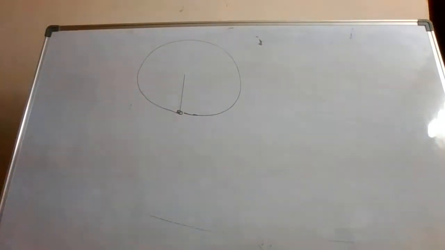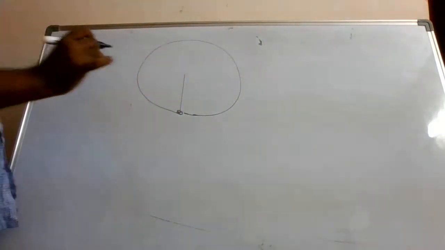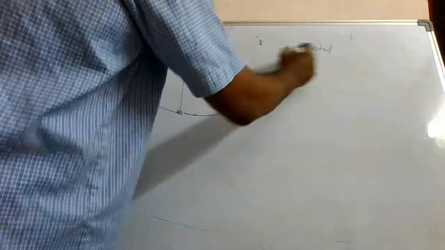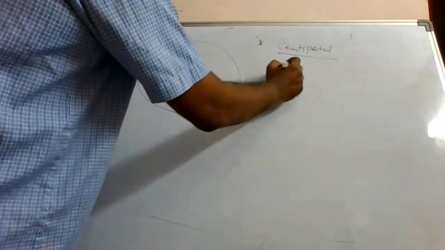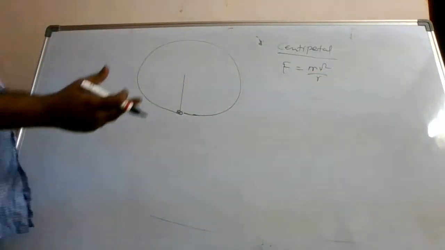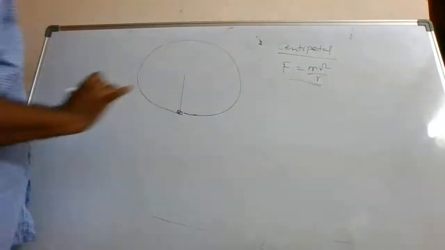Now we have seen that in any type of circular motion there is a centripetal force acting, which is given by F equals mv square by r. Whether it is a horizontal or a vertical circular motion, this force will always be present.